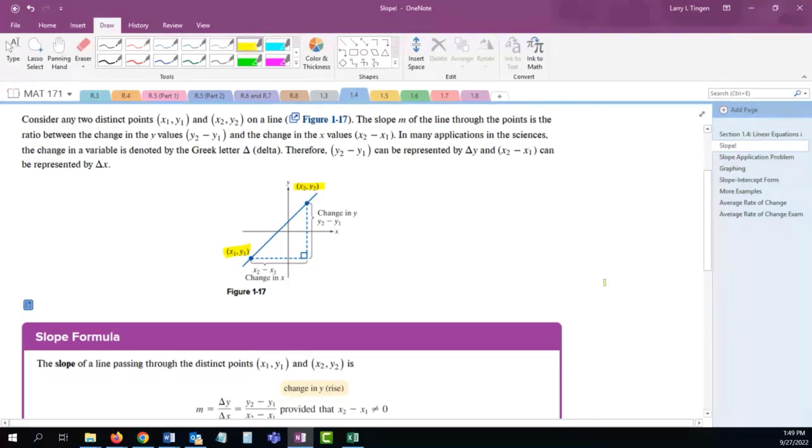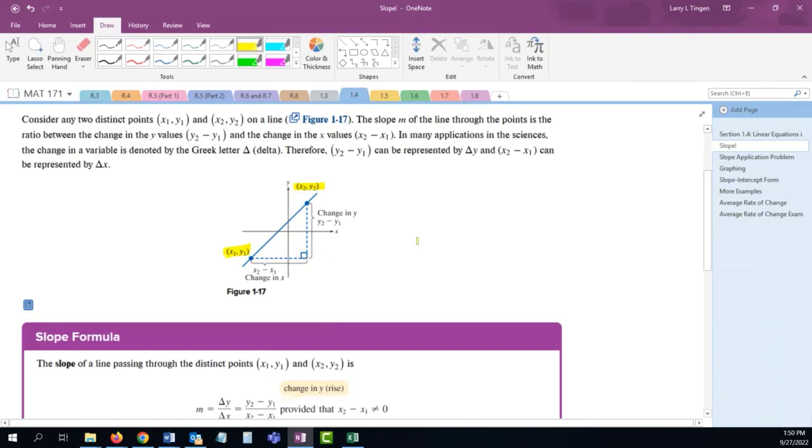The formula for this you probably remember. The change in y is literally y1 to y2, so this dotted line represents the change in y. And then the x values, this is x1, this is x2, the change in x values from here to here.